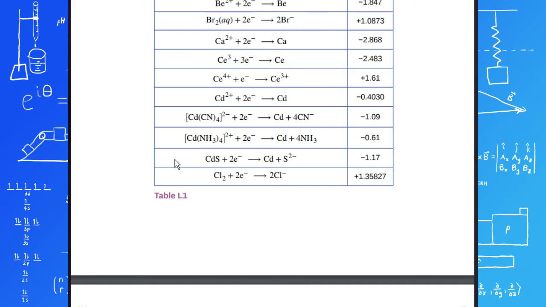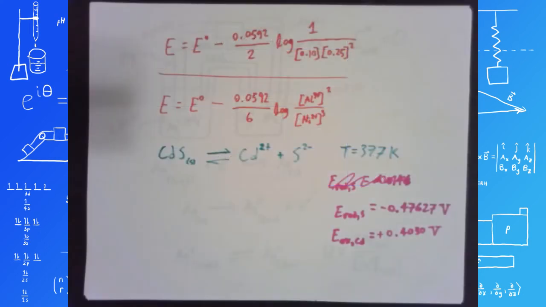I also see they've listed cadmium sulfide being reduced into, oh wait, no, that can't be right. That's not for us. Okay. Let's go ahead and get back to our paper here.